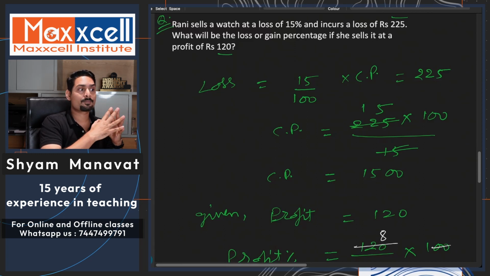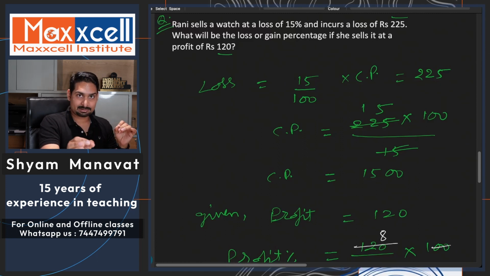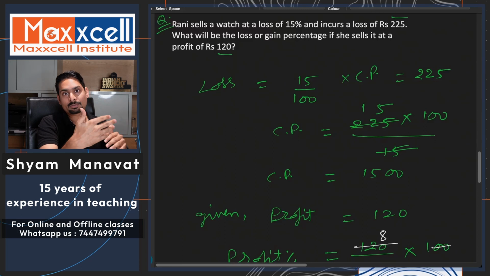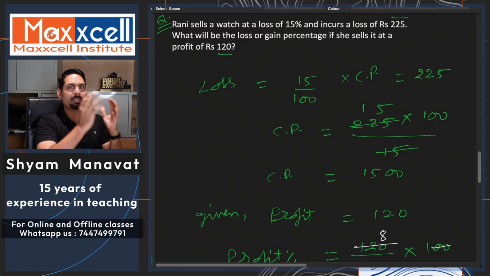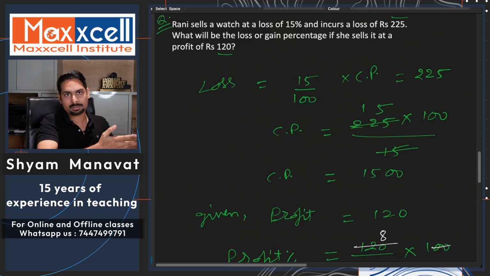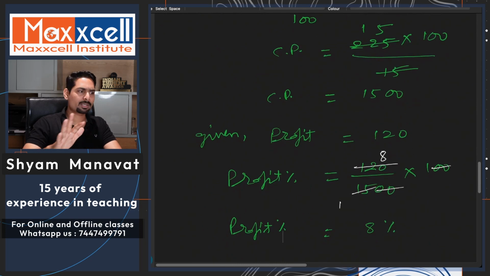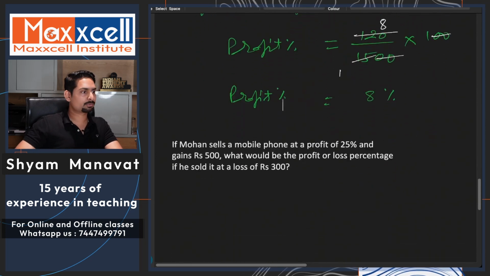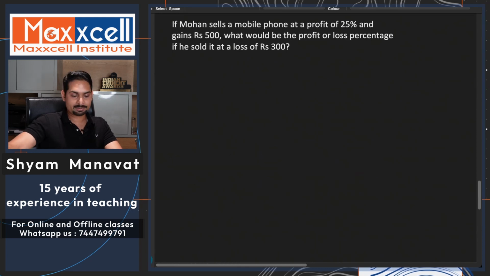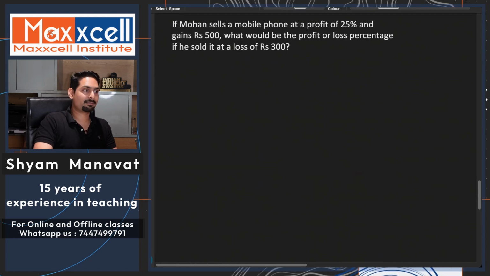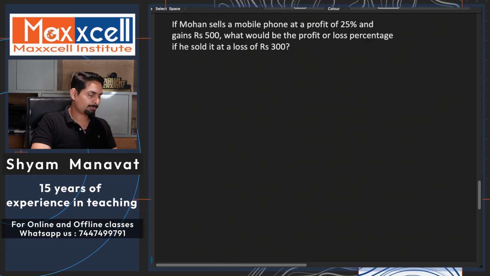You have to keep a target of solving at least 50 basic questions and then at least 25 to 30 advanced questions. Then you will automatically get to know which formula or which concept to apply in which situation. That I promise. I'm there, don't worry. I will be solving many questions with you in the form of homework, in the form of previous year exam questions, and I will be giving you a lot of practice questions too. So keep the flow.